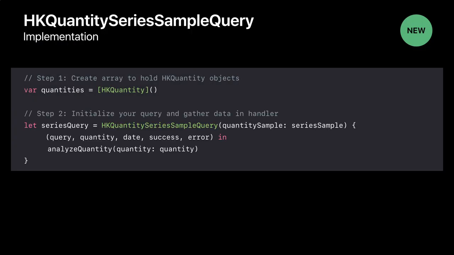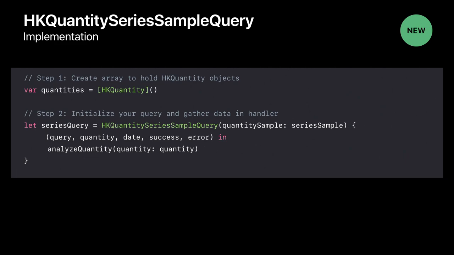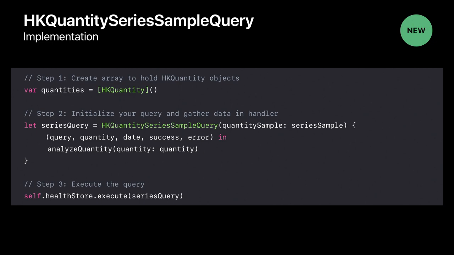We initialize it with the sample that we're interested in, and in our completion handler is where the bulk of the work happens. In my case, I have a method called analyzeQuantity, which is going to do the work that I'm interested in with the quantity. In my case, that's adding it to the array of quantities that I declared earlier. And lastly, we execute our query. It's really that simple. For those of you familiar with some of our other queries, this behaves in a very similar way.